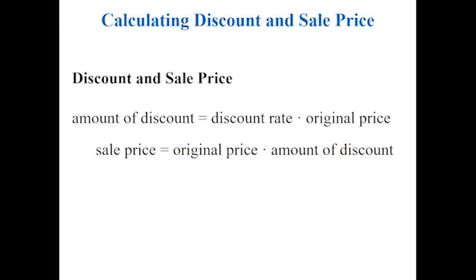Discounts and sales price. Sale price. Again, we live in a society. We go shopping. And when we go shopping, we like sales. We know how sales work. The amount of a discount is the discount rate times the original price.